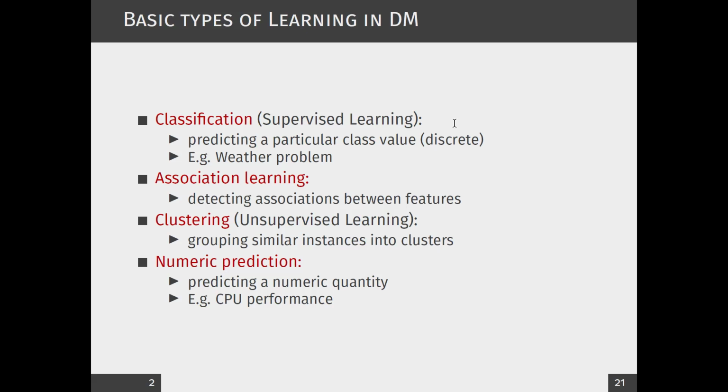Second one, rather than looking for a particular class or a particular attribute to decide, you can look only at associations. Now, this is useful for places where, for example, the classical association learning problem is called the market basket analysis problem.